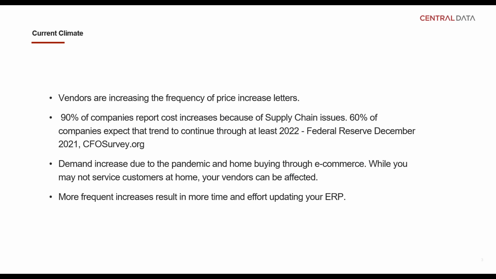So with all that, what does that mean? It means we've got those more frequent increases, and so that's going to take some more time and effort to update your ERP. So we're talking about SX, we're talking about Cloud Suite distribution. Typically, there are going to be situations where people are doing that manually. That's kind of the first step, manually going in and updating your product.